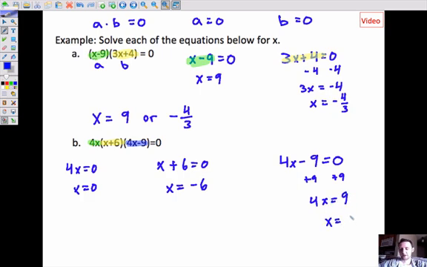We end up with x equals 9/4. So our answer: x equals 0, or x equals negative 6, or x equals 9/4.